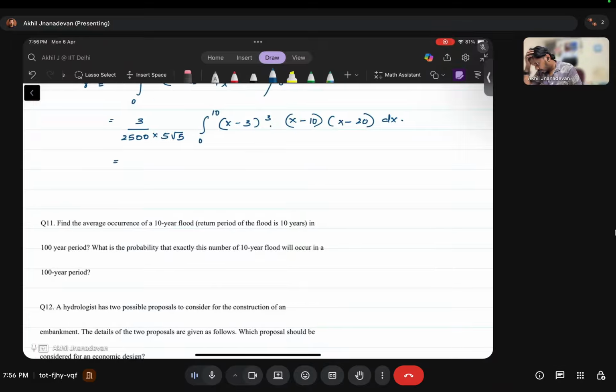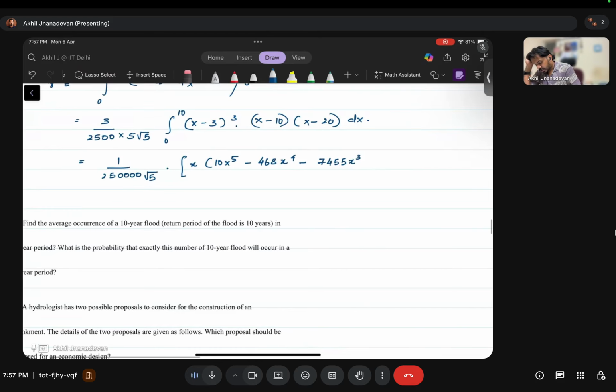If you expand this and then integrate, it would be coming around 25140 root 5 into 10x raised to 5 minus 468 x raised to 4. It's a simple integration only. Just expand it and integrate. There is not much complicated integration coming.